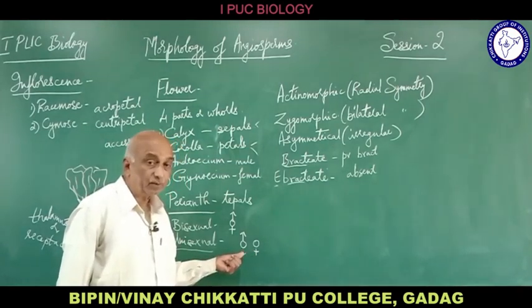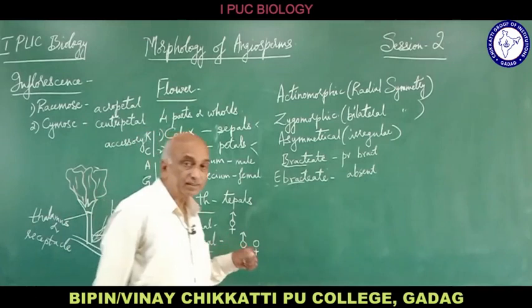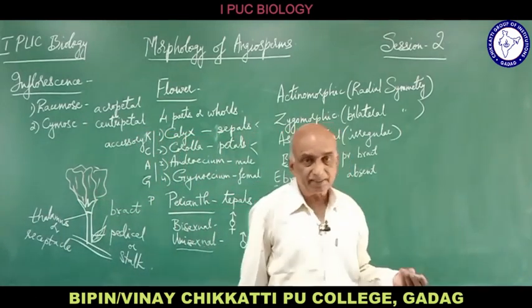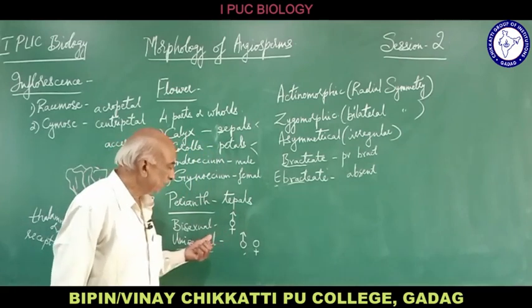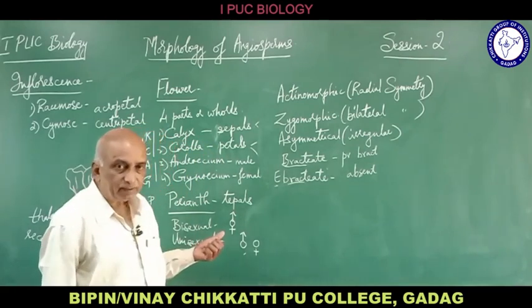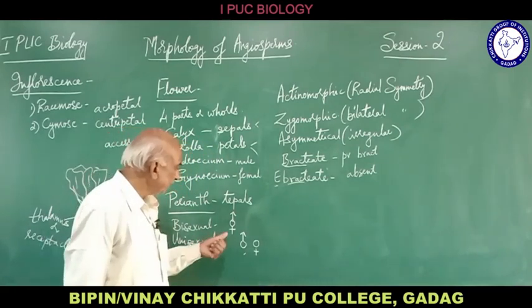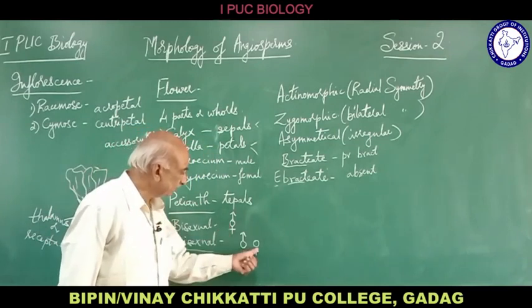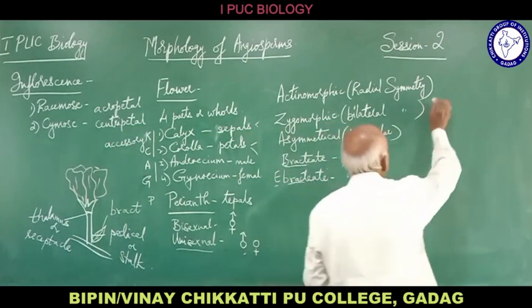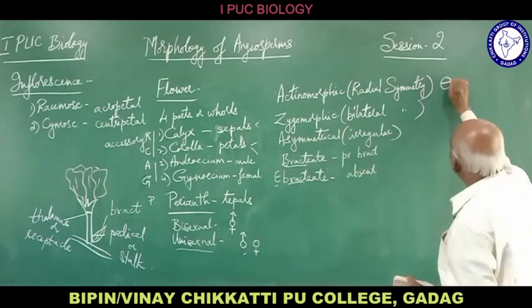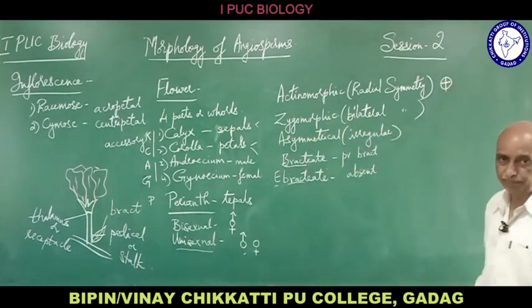In short, just as we write symbols for elements in chemistry, similarly here there are certain symbols which are used to denote the parts of the flower. This is bisexual, this is unisexual, male and female. For actinomorphic, this is the symbol which is used.